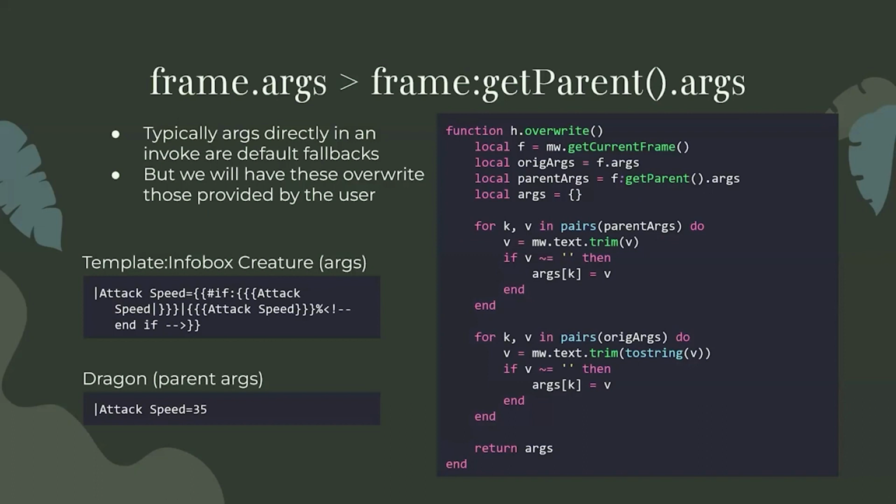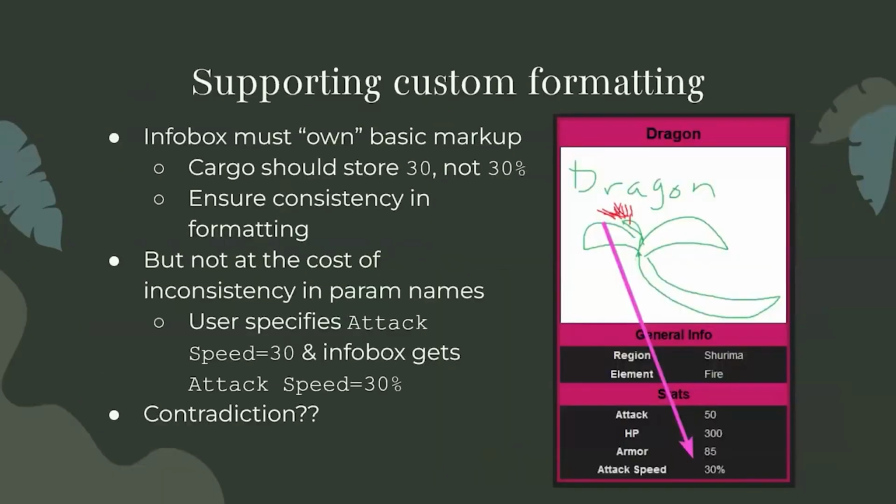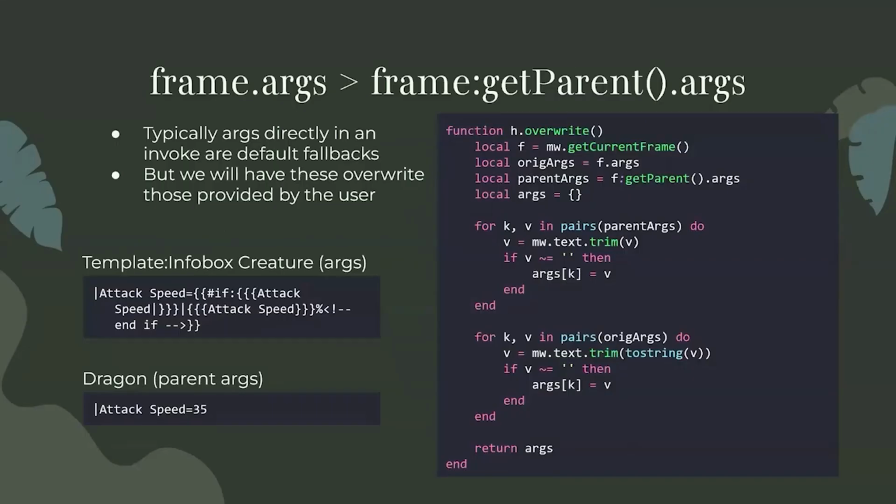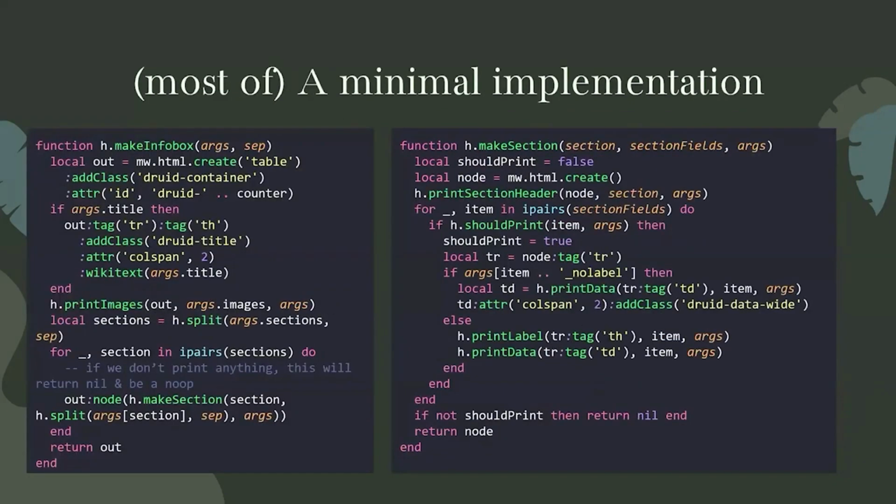And then the frame args are the args that are inside of infobox creature sent to the invoke. So you can see there's arguments inside of the invoke at template infobox creature. Then there's args inside of infobox creature on the Dragon page. Those are going to be merged together with the invoke ones overwriting the content page ones. So that's really the magic that we have here, is that we merge these together, we overwrite with the formatted version, and then we get the best of every single world, and it's fantastic.